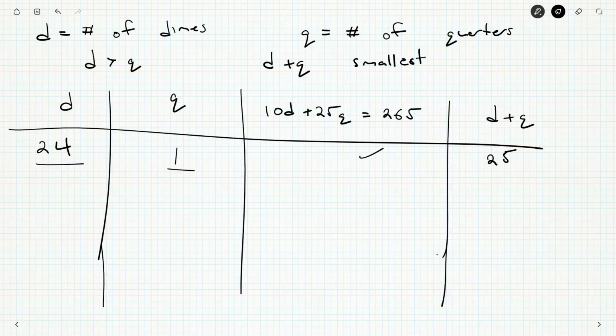But if I have 2 quarters, I can write that as 5 dimes. So in place of 5 dimes, so get rid of 5 dimes, I can add on 2 quarters instead. And you can double check. 19 times 10 is 190, plus 3 times 25 is 265. And there isn't one involving 2 quarters that'll work. Okay?